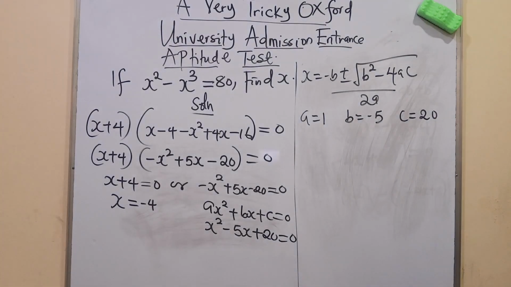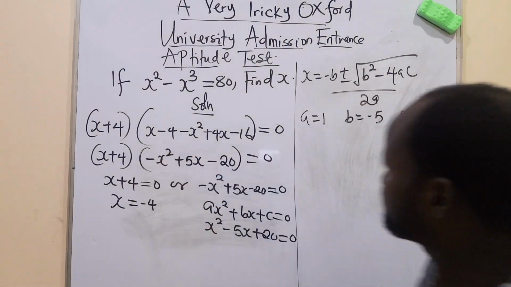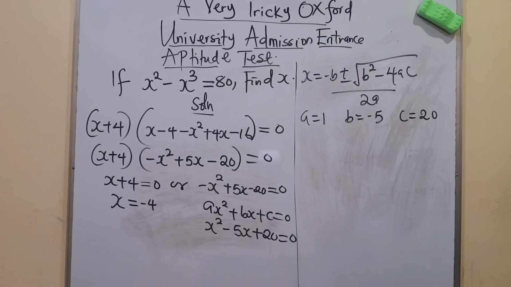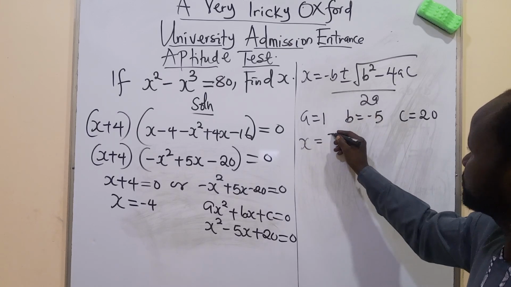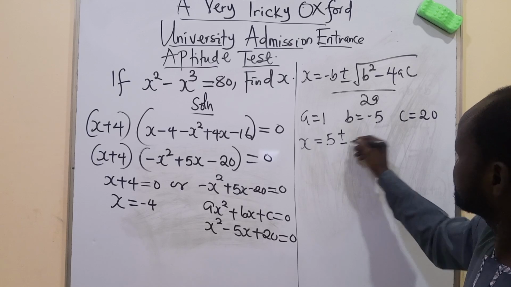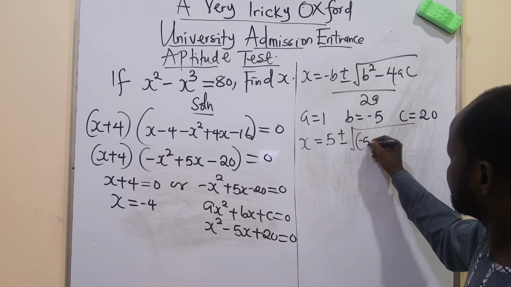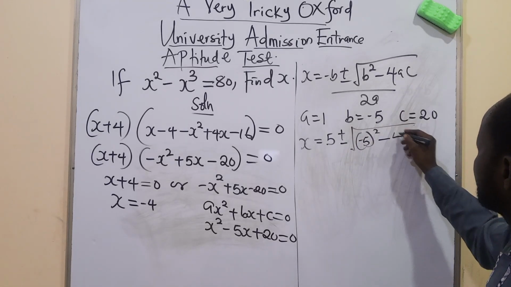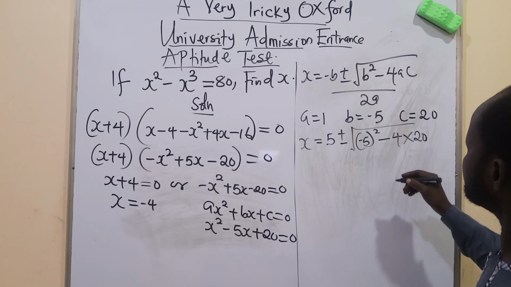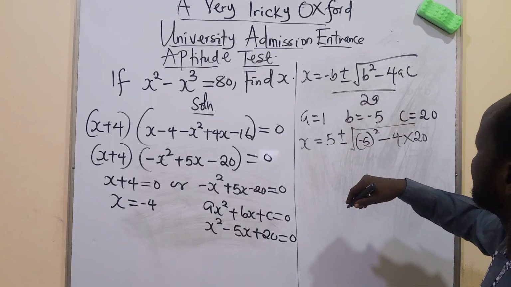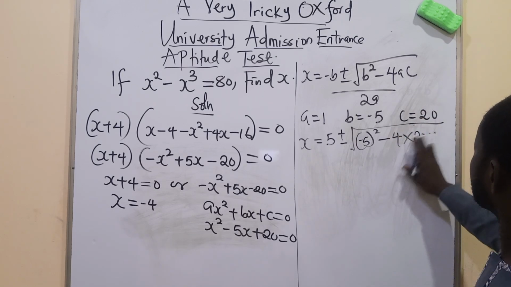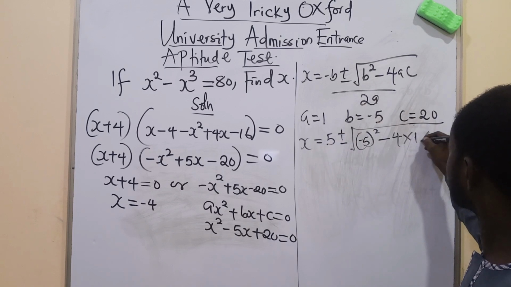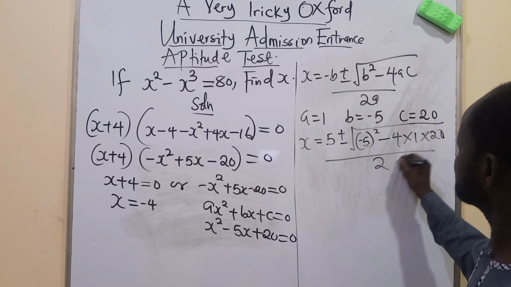Let's substitute. x now equals minus b, minus times minus is plus, that will be 5, plus or minus the square root of minus 5 all squared minus 4 times a, which is 1, times c, which is 20, divided by 2 times 1.